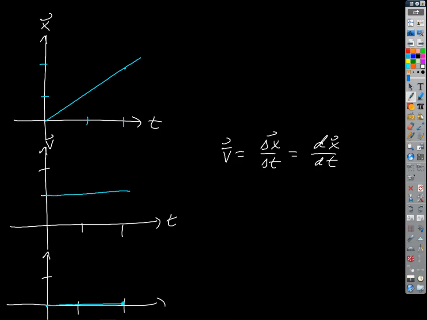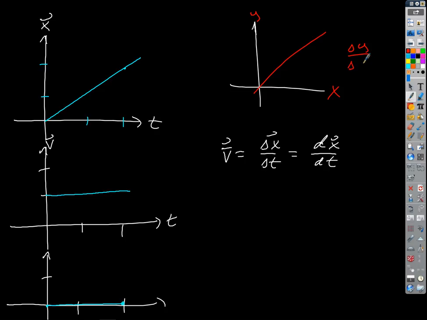If I had a regular graph, with this as the x-axis and that as the y-axis, here I have change in x, which is my vertical axis. In a regular math setting, that would be change in y divided by change in t, the horizontal variable.